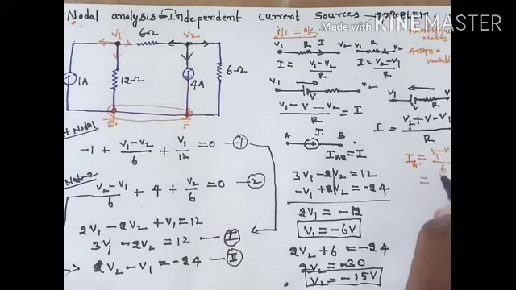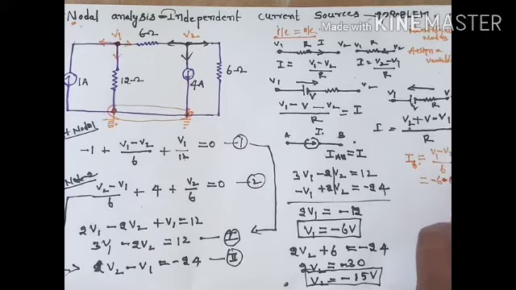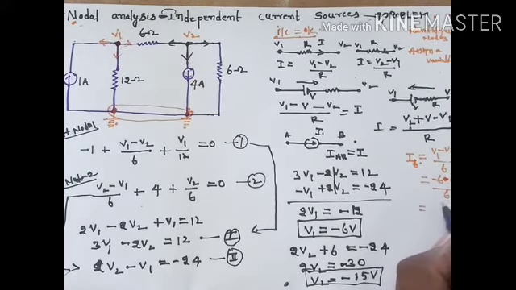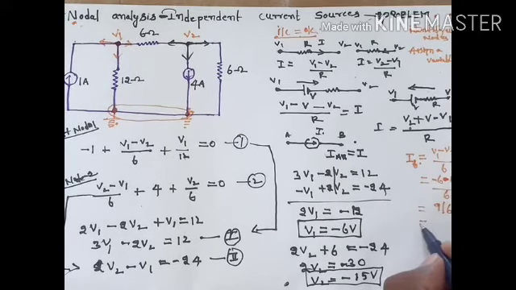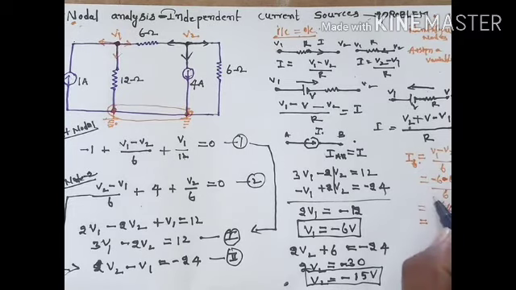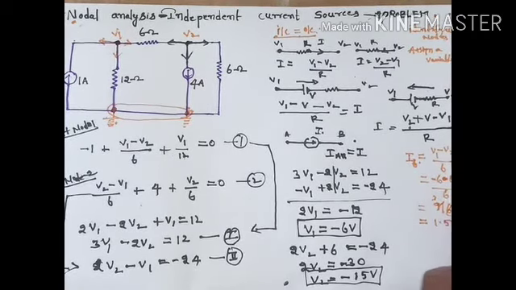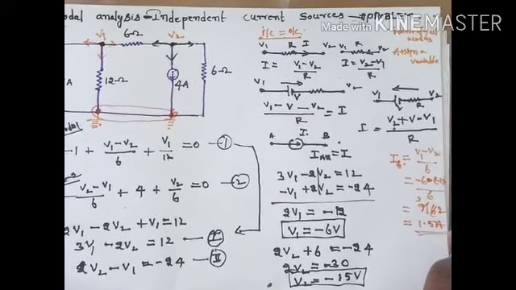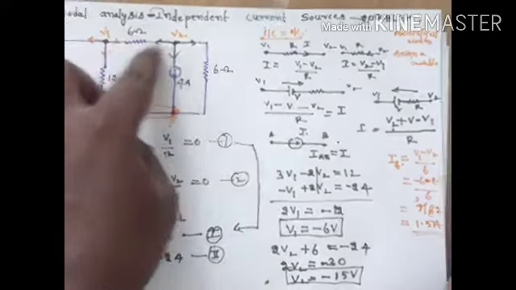So V1 value we know and V2 value we know. V1 value is minus 6, V2 value is minus 15, and minus of minus 15, right? So by 6, minus 6 plus 15, that is 9 by 6. 9 by 6 means 3 twos are 6 and 3 threes are 9, so that is 1.5 amperes current flowing through this branch, right?